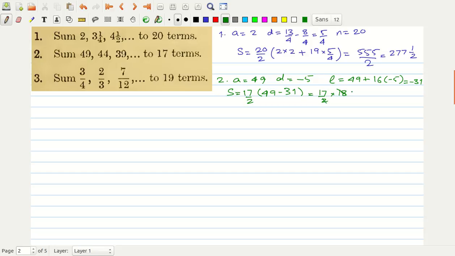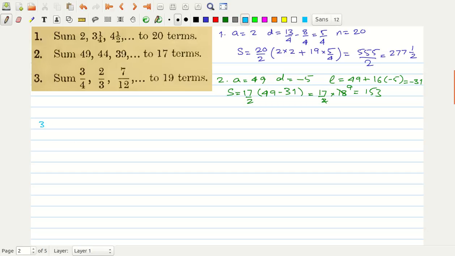So this is 153, right? So in this problem I straight away applied 2A plus n minus 1 d, over here I have first found the last term and then I am applying n by 2 into a plus l, but whichever way you do, the answers will come out to be same.